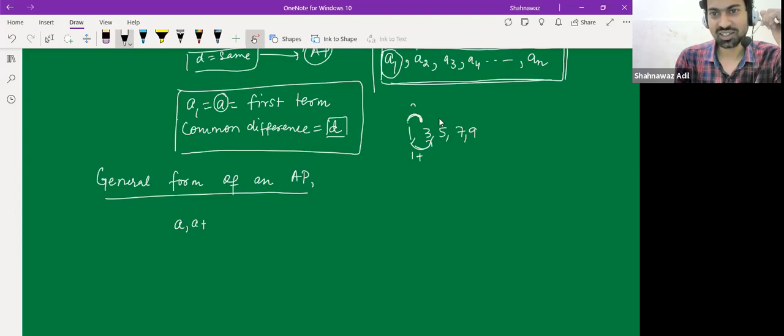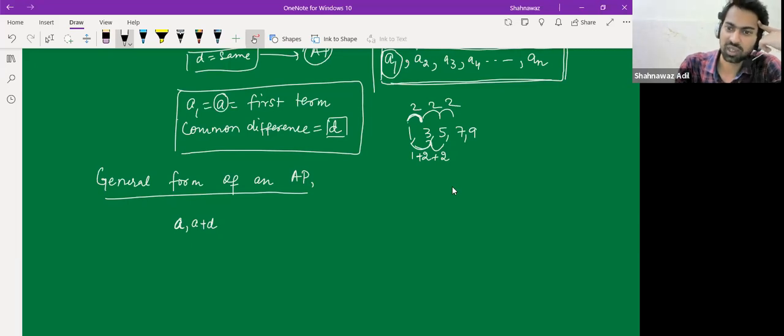So we reach this term by adding 2, and we reach the next term by adding again 2. So if this is the first term, the next term would be A plus D.